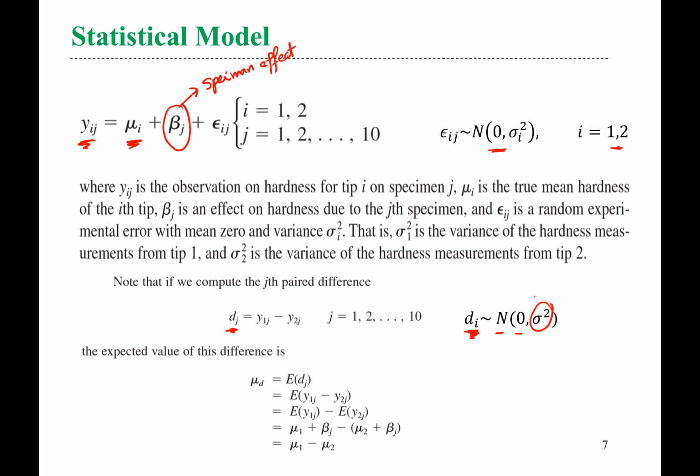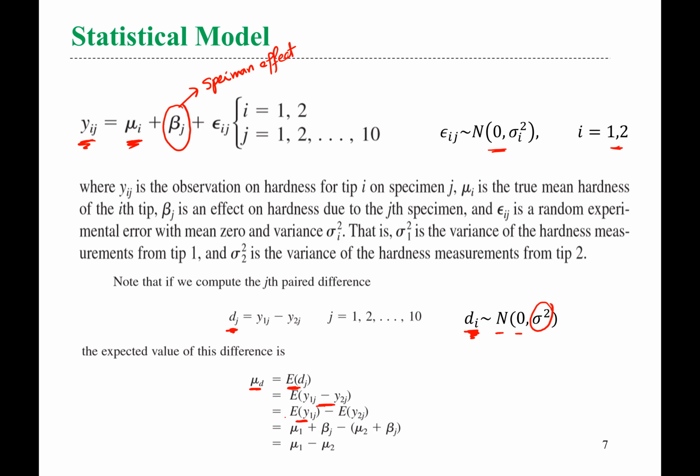So we are going to test the assumption for D, not first group of data or second group of data. The differences should follow normal distribution. And to make sure that d_j is an unbiased estimator for the difference between the 2 treatment means, or the 2 tips means, we calculate the expected value of d_j, which is the expected value of y_1j minus y_2j.